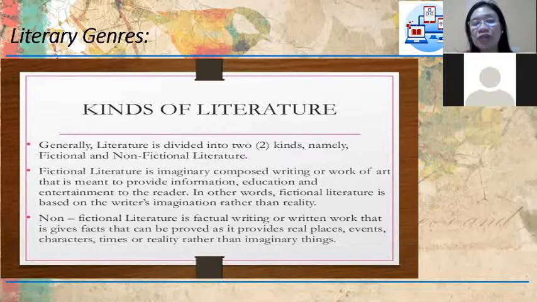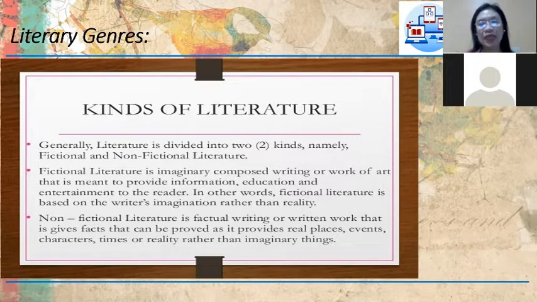Now, non-fictional literature is factual writing or written work that gives facts that can be proved, as it provides real places, events, characters, times, or reality rather than imaginary things. So, fiction and non-fiction.